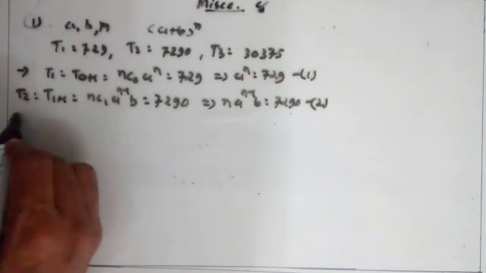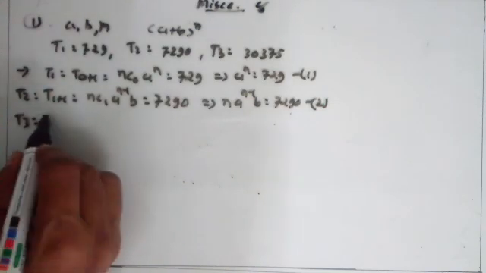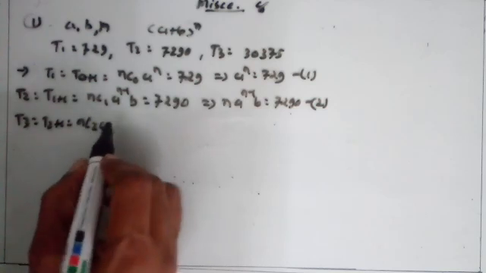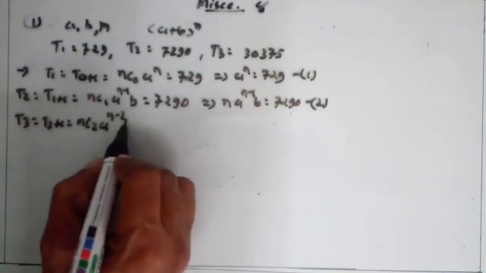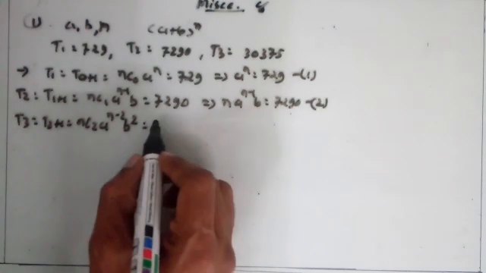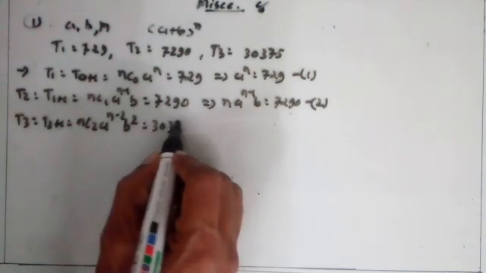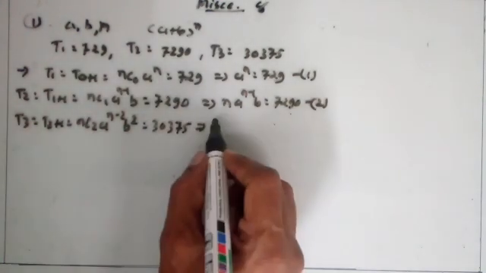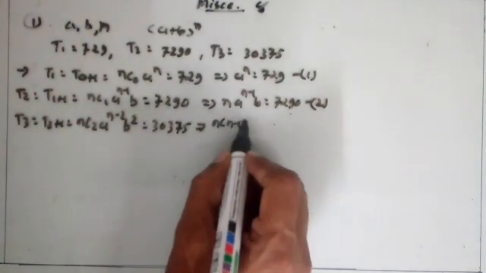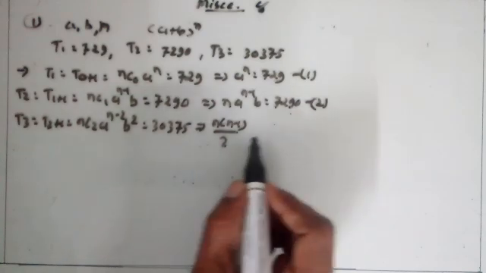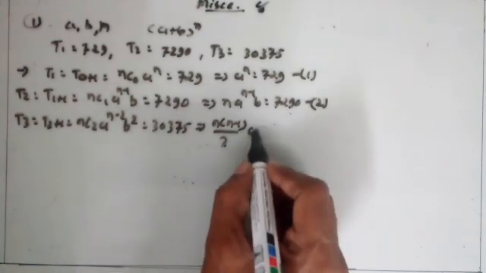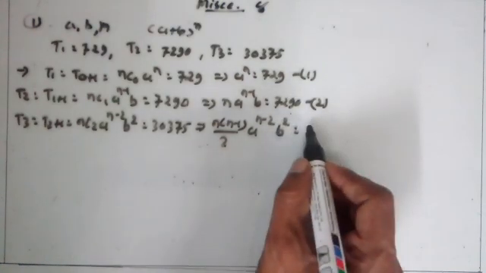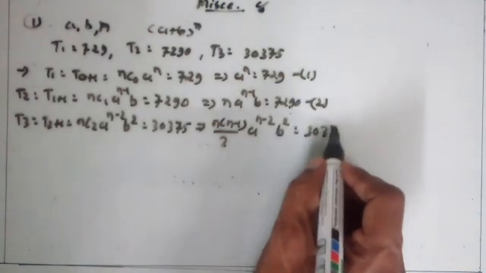And the third term, T2 plus 1, is equal to nC2 a raised to n minus 2, b raised to 2, which is equal to 30375. So this implies nC2 is n into n minus 1 upon 2 factorial, into a raised to n minus 2, b raised to 2, is equal to 30375.